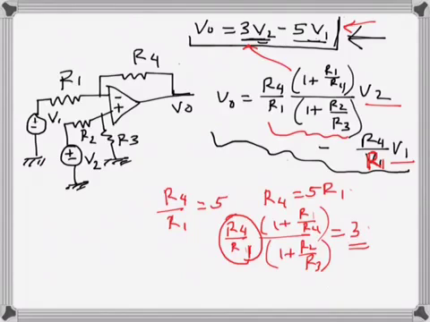So what I get here is, if R1 is say R, this one will be 5R, and the ratio has to be the same, so R over 5R.